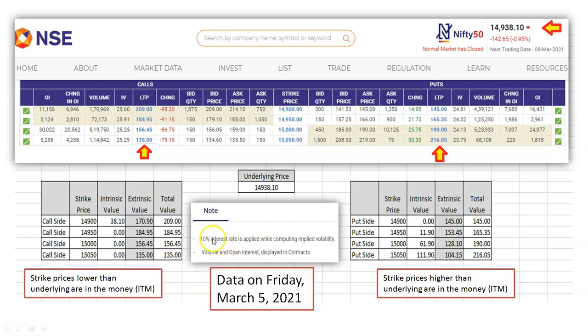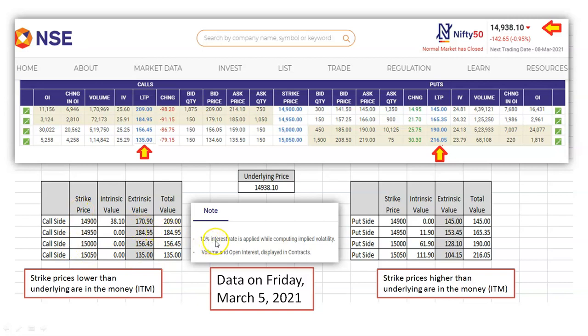Extrinsic value has two parts, as already discussed. One is the time value of money and one is the value driven by implied volatility. Now, how is the time value of money calculated? NSE itself has declared that a 10% interest rate is applied while computing the implied volatility. It basically means it is calculating the time value of money, applying an interest rate of 10% per annum. These are weekly options, so 6 more days are left for expiry of the option.